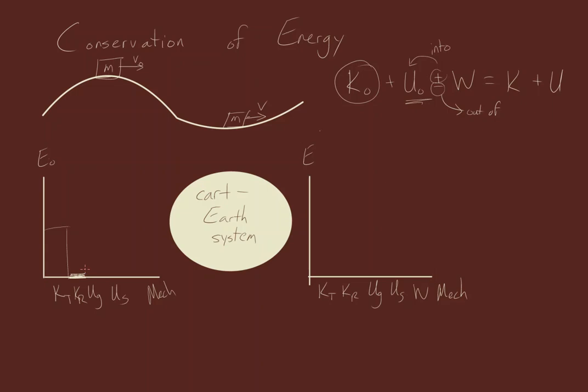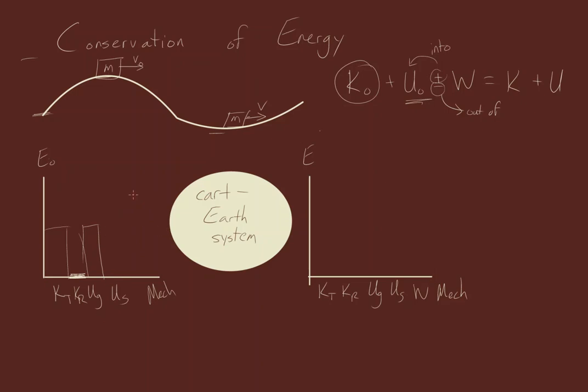Gravitationally speaking, well, what do we want to make 0? Do we want to make it the start of the coaster? Do we want to make it the lowest point of the coaster? Do we want to make it the highest? I'm going to go ahead and say it's the start here. So it has plenty of gravitational, and it's not really stretching or compressing, so we have no elastic.